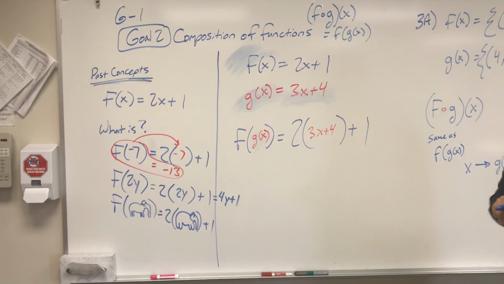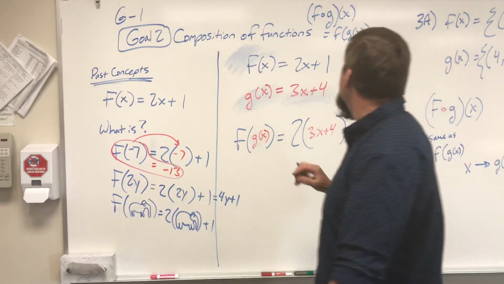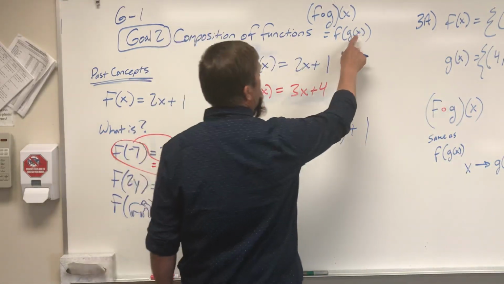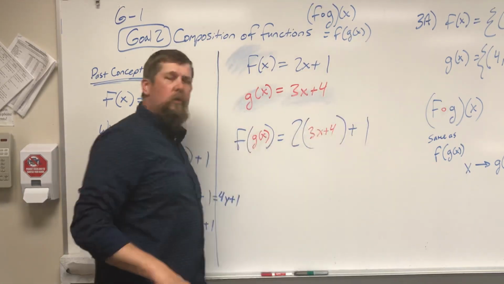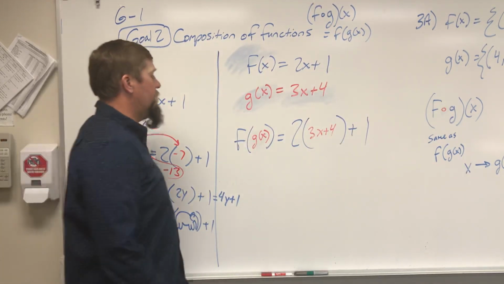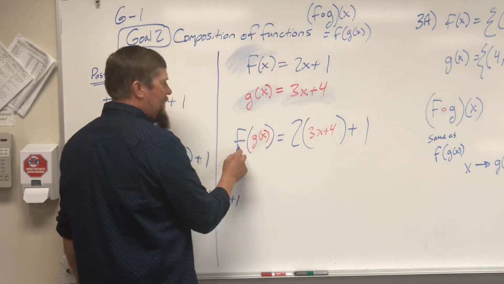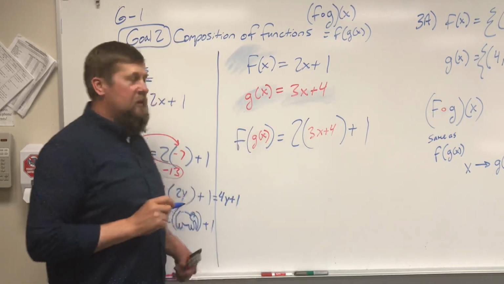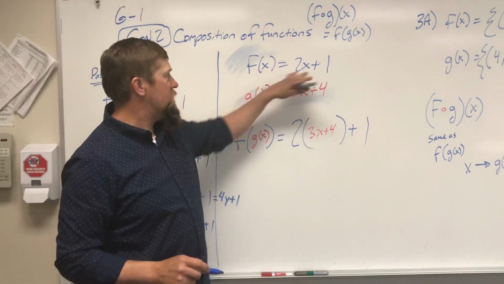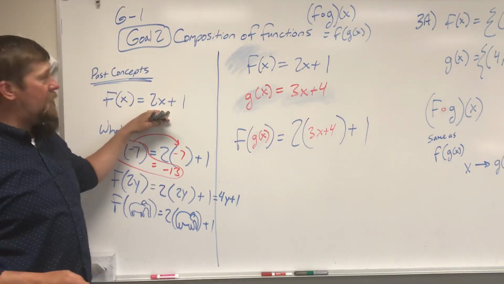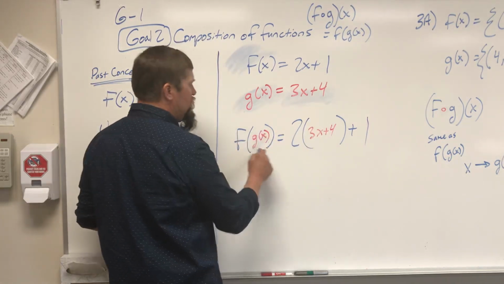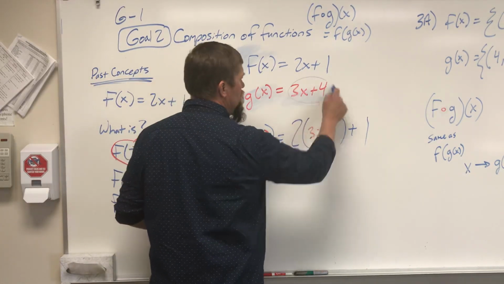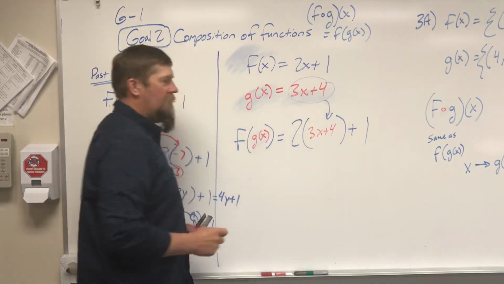If this is the case, then you are going to be putting whatever comes out of g into f for the variable. So if I have f of g of x, I take f of x, just like we did before, 2 times the parentheses plus 1, and I'm putting g of x into the f of x function.